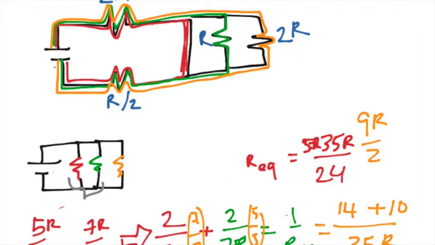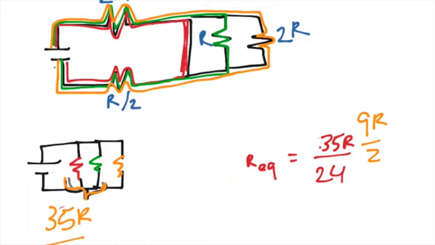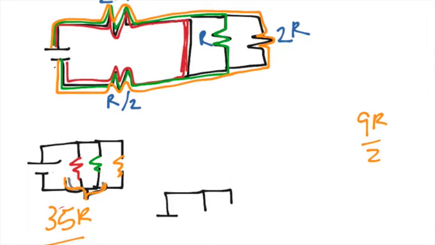Let me rewrite that all so it's a lot easier to keep track of what our values are right now. So the total resistance for this section is 35R over 24, and that means that we can simplify our circuit even further, so we only have 2 resistors to worry about.